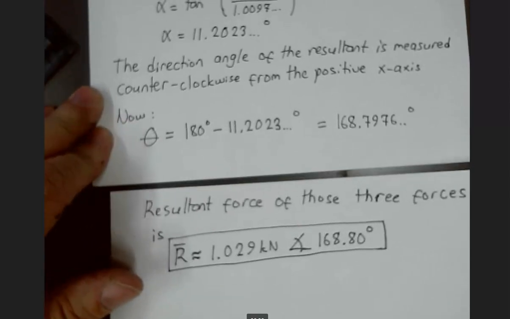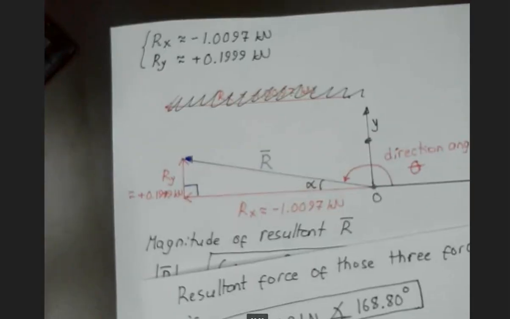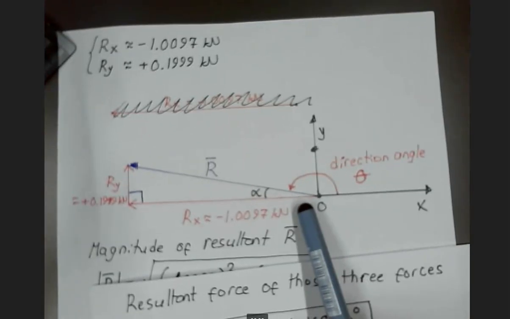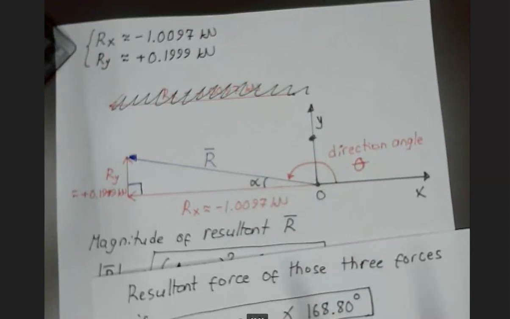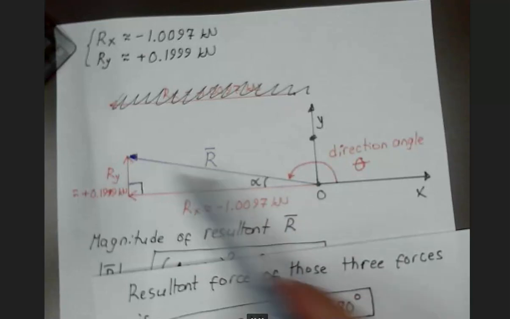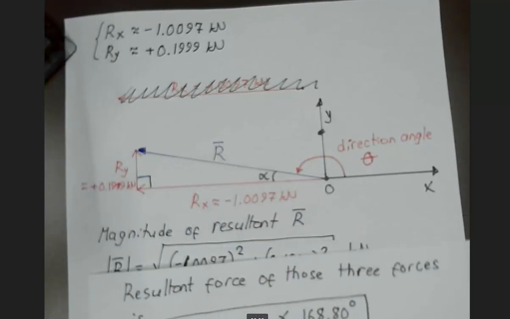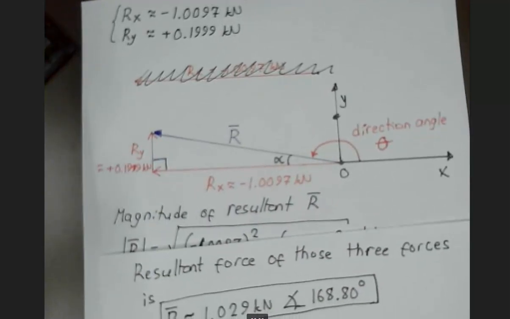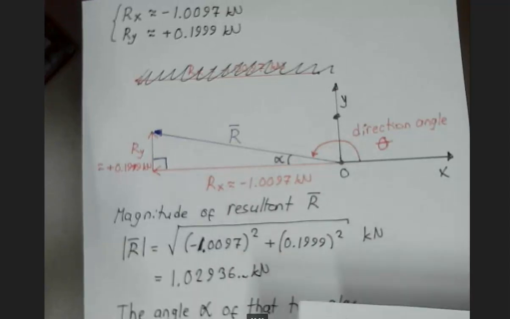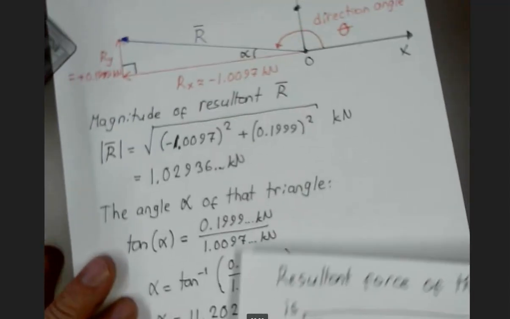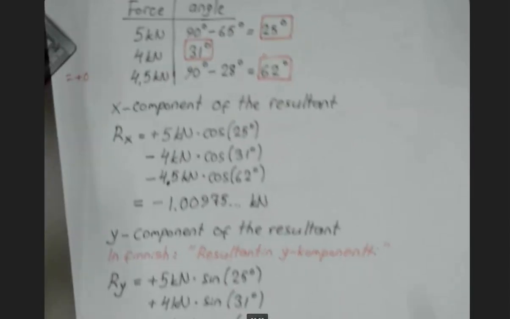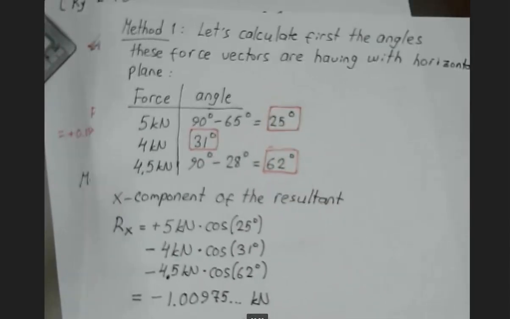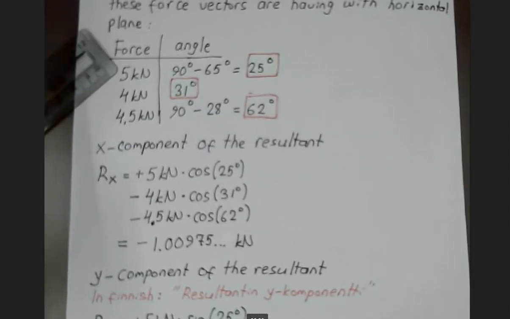But I point out that this picture is very important when you are solving the direction angle, and also when you are calculating the magnitude, because you can measure the answer from the picture to check that it goes correctly. But there was a question about that Rx component here, how I calculated that. Sorry, where is the picture?